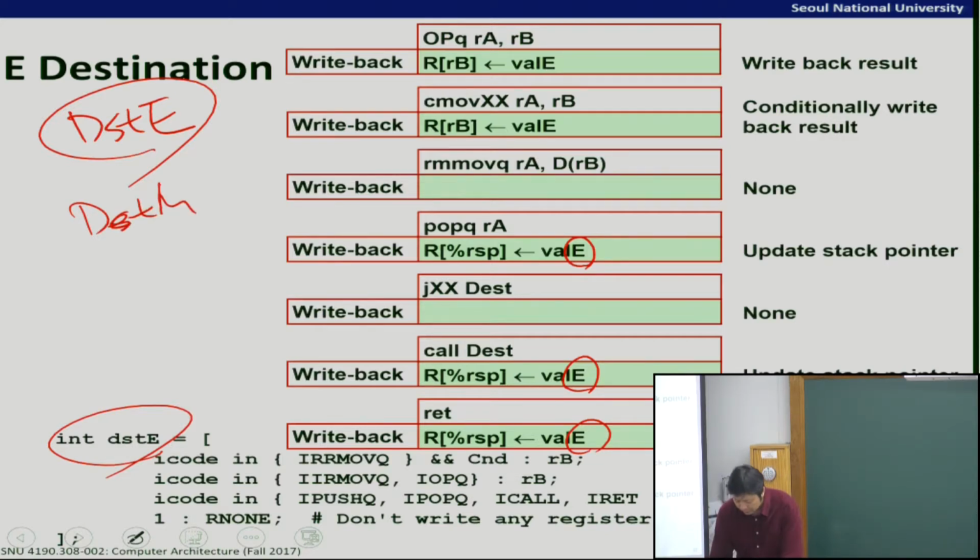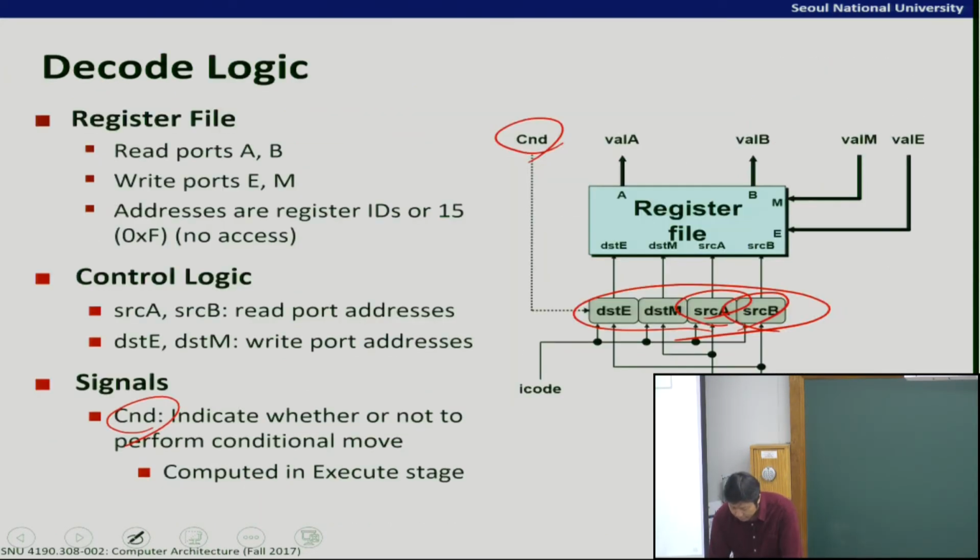If you see in the figure, we are only covering this part. There are two write ports, the E port and the M port. In the previous slide we only covered the E port, but there's also the M port, which has the pop entry that writes the value to the register file.